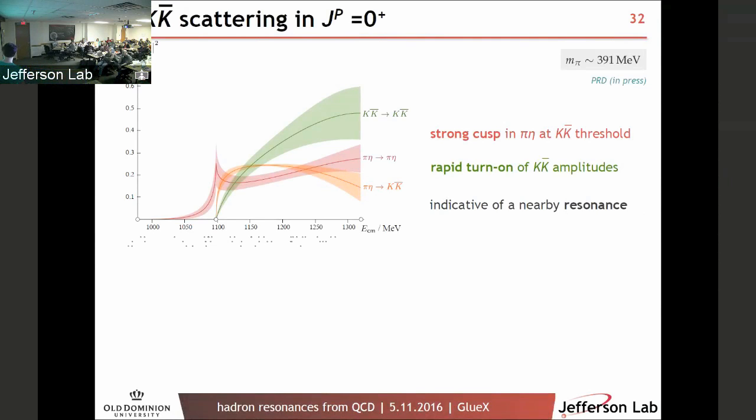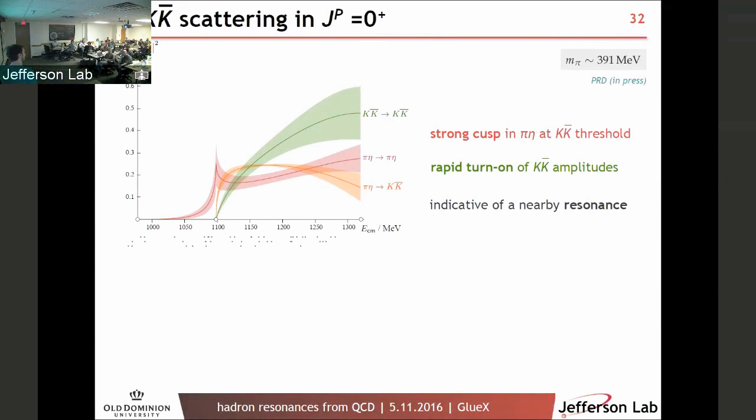There's some sort of resonant behavior in the region of the kk bar threshold. And I think even if we didn't know that the a0(980) exists experimentally, we would infer from this that something is happening. But how do you do any better than making that sort of vague statement that there's probably a resonance nearby?